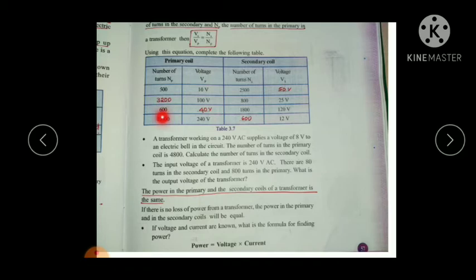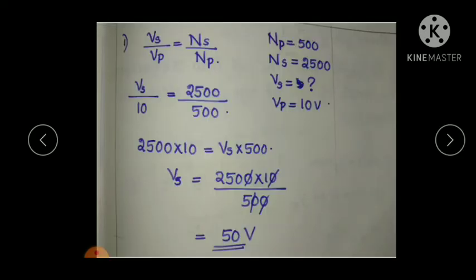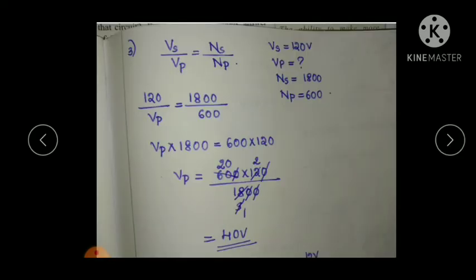In the third problem, Vp is not given, so we have to find Vp. Here in the first step we have to write the equation. After that write the given data. Vs is 120, Vp is not given, then Ns is 1800, Np is 600. So cross multiply, find the answer, so that we will get 40 volt.